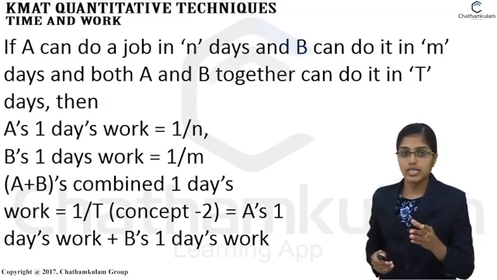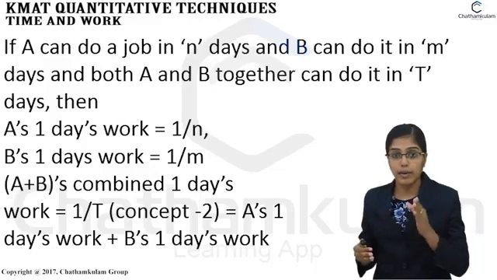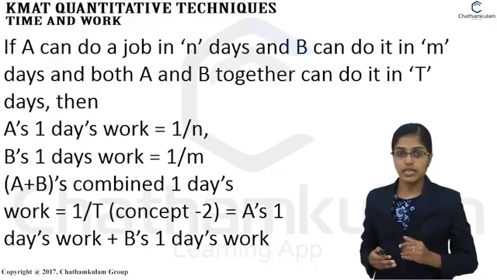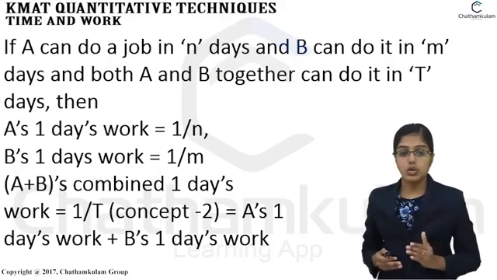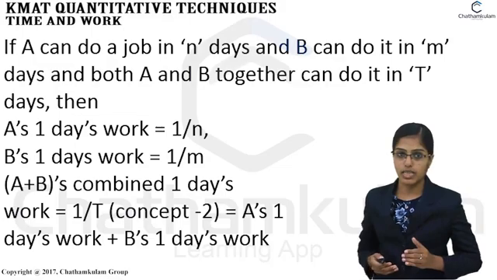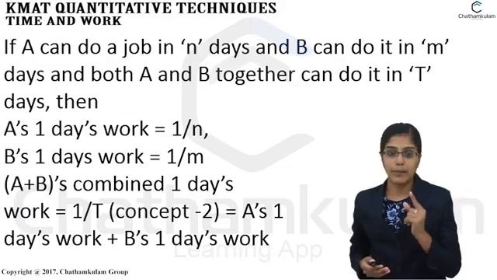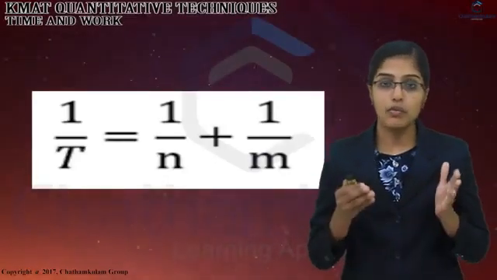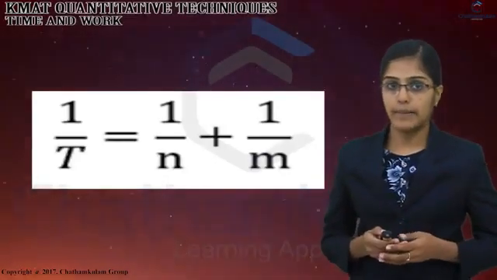And A plus B's combined 1 day's work is equal to 1 by t. So we can formulate a formula: 1 by t is equal to 1 by n plus 1 by m.